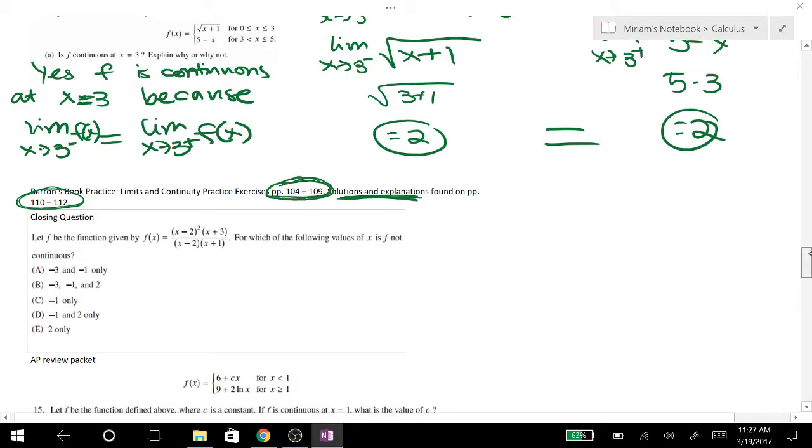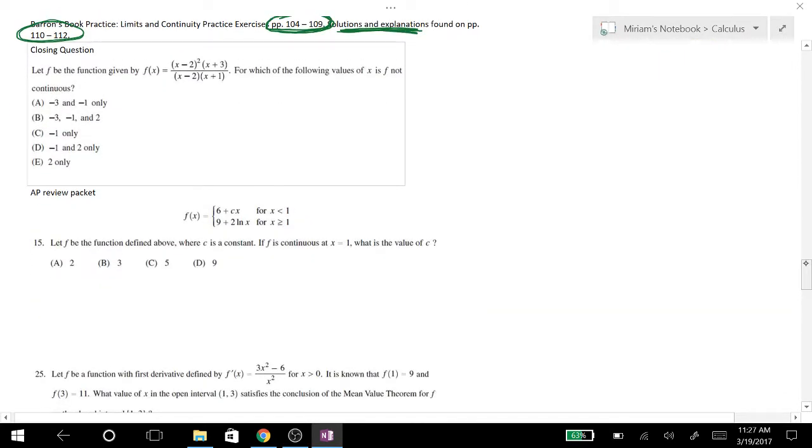Okay, I gave you a closing question. Let's go over it. Which of the following values of x, given this function right here, is it not continuous? Meaning, where are the problems? Okay, well, if I rewrote that, I have 2x minus 2's at the top because of the squared.